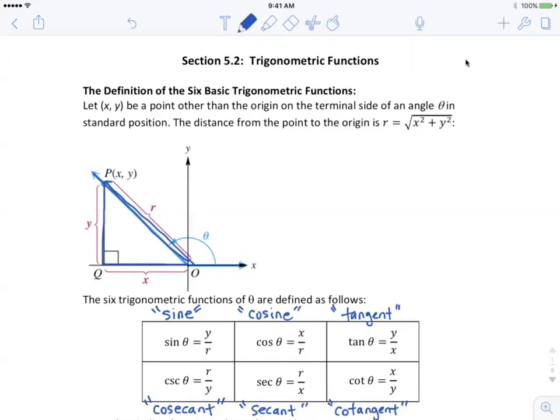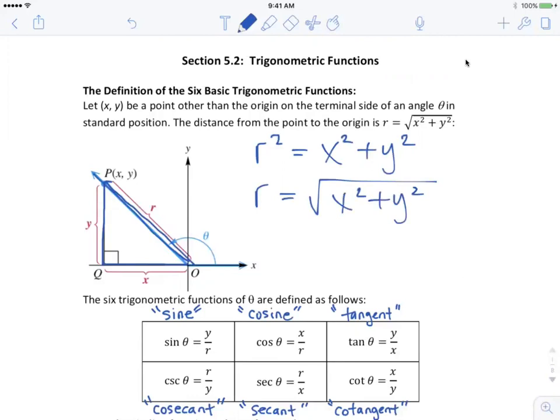Let's write it like this though: r squared equals x squared plus y squared. The hypotenuse squared is each of the sides squared added together. Then if I take the square root of both sides, that's where that formula comes from. So anytime you need to find r, you can just use that formula.